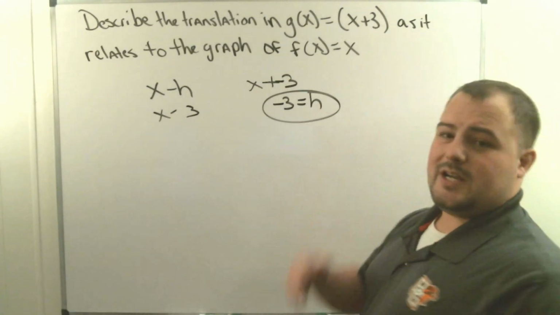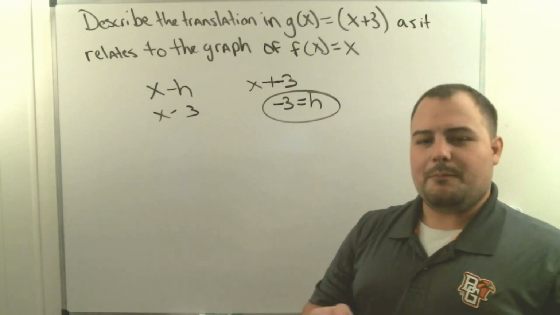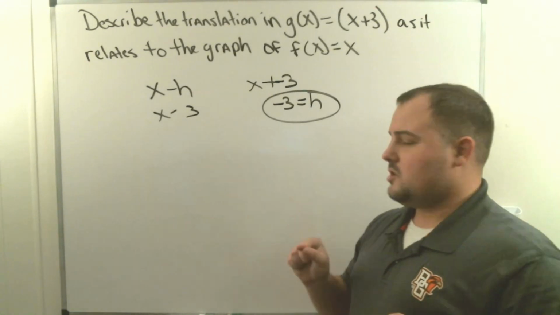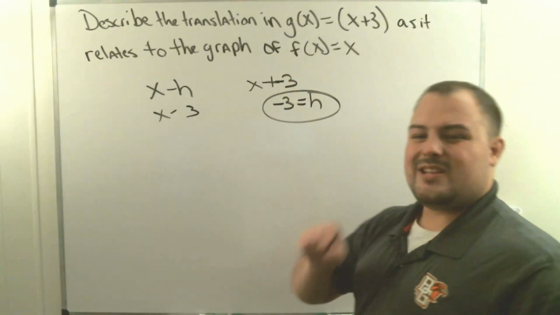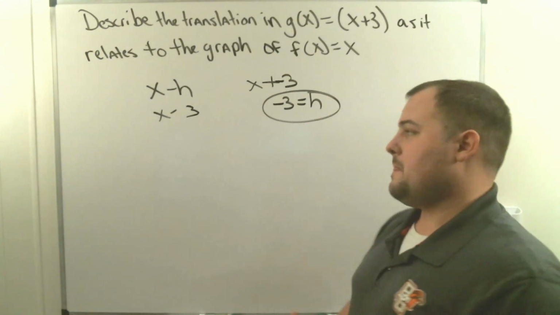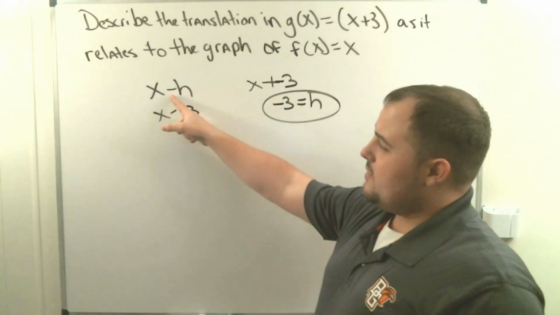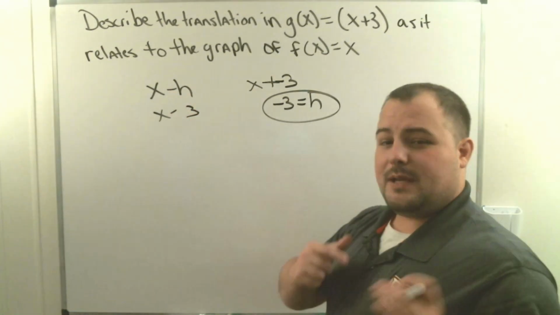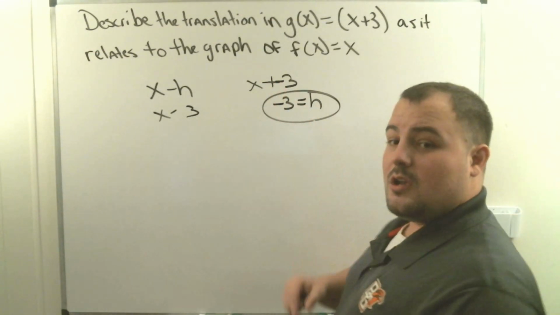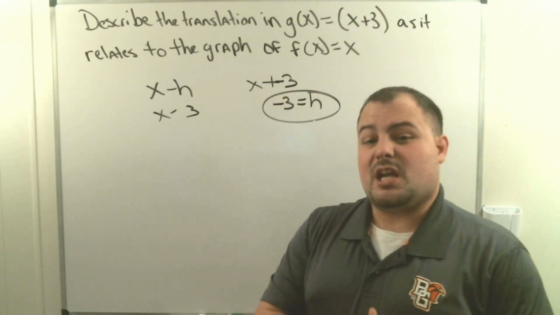Even though it looks like a positive 3 here, if we think back to what we just copied down, it says x minus h. So the number that's here is actually being subtracted to make this sign that's in the middle. So if it was just minus a positive h, it'd be x minus 3. Since it's minus a negative h, it would be h is negative 3.